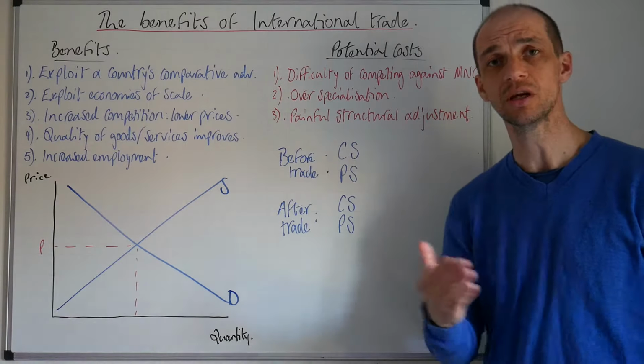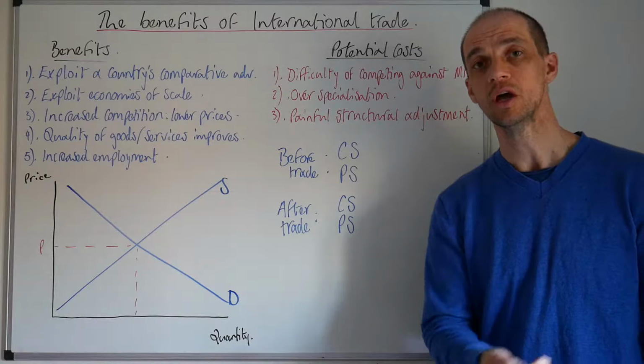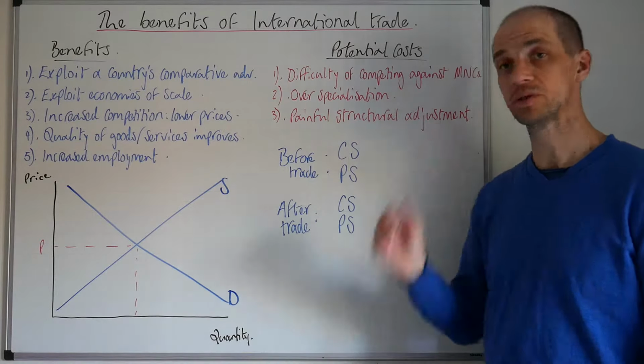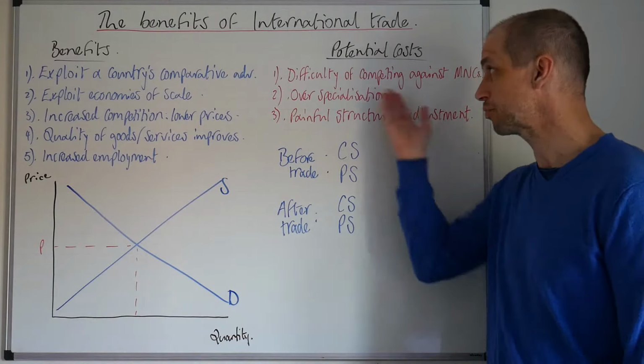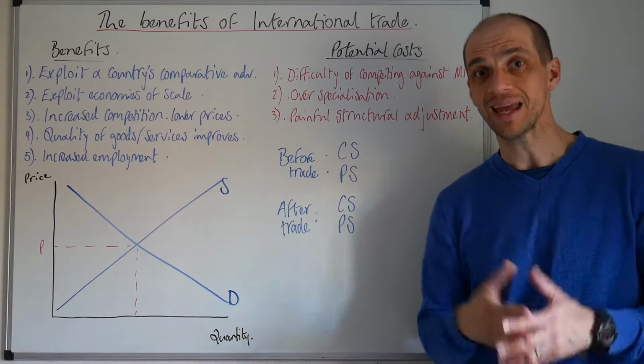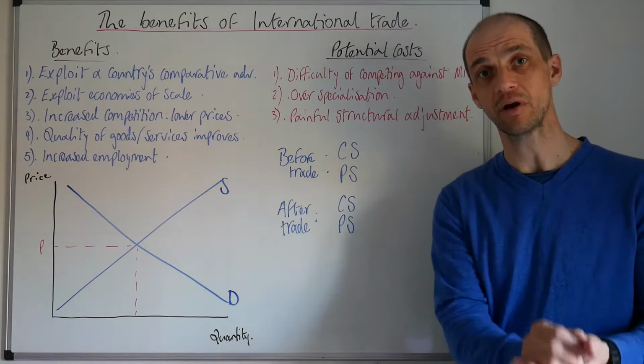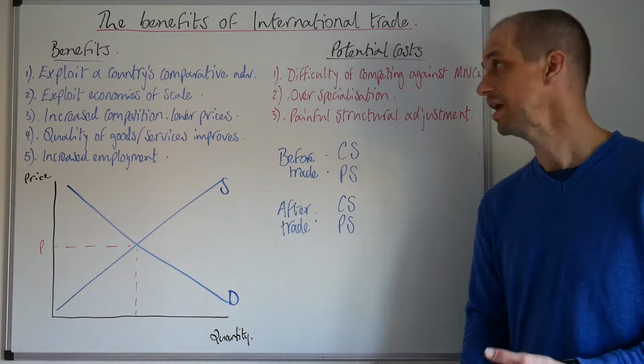Okay, number 2, you can have over-specialisation as well. Over-specialisation may result in, for LEDCs, primary product dependency, and that may mean they never actually move up the value-added chain.